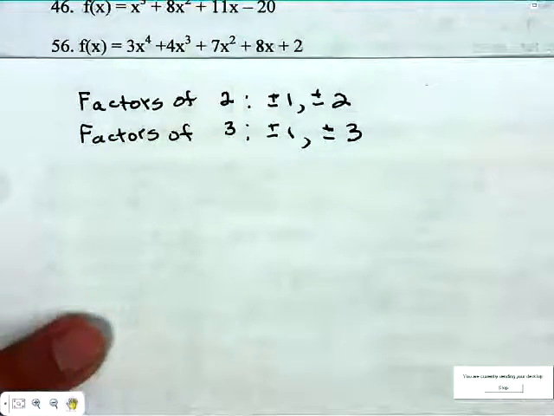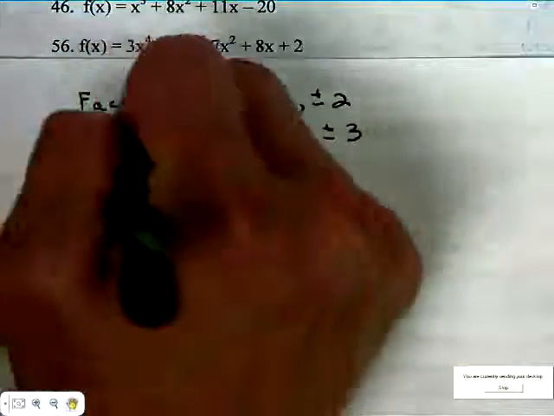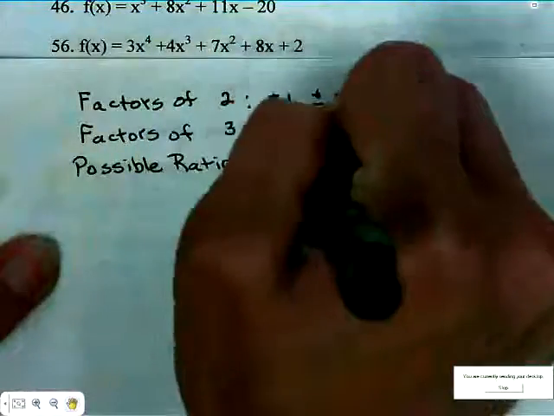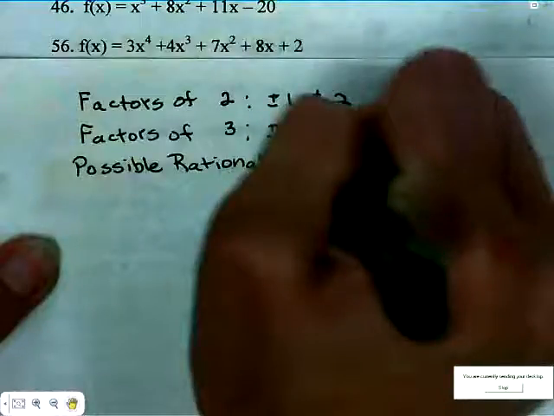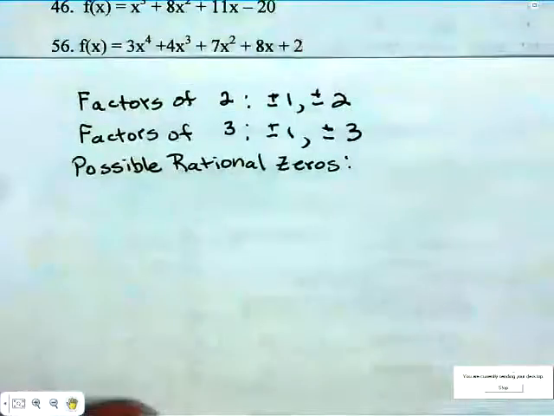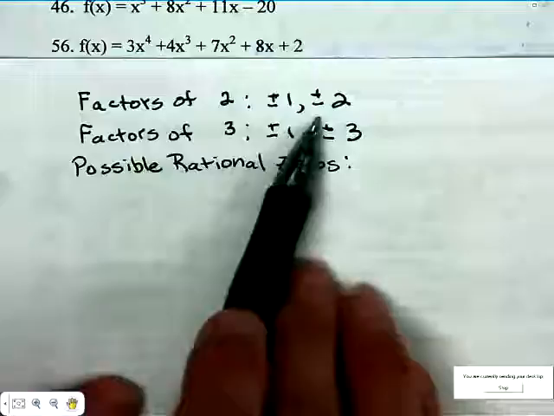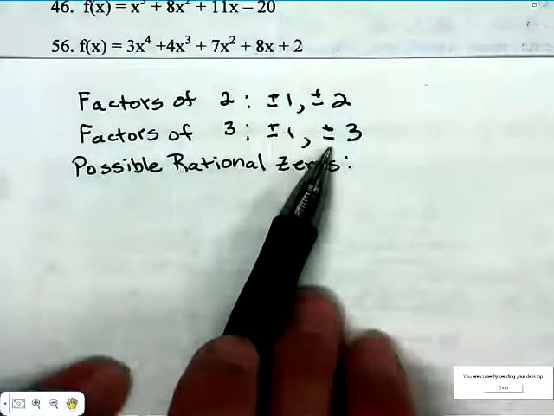So my possible rational zeros are all possible combinations of these factors of 2 over these factors of 3.